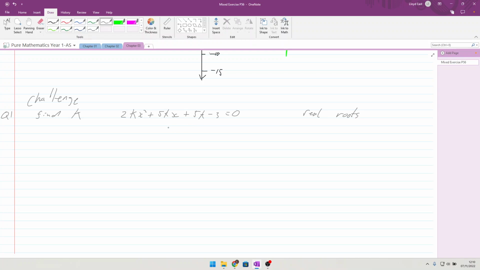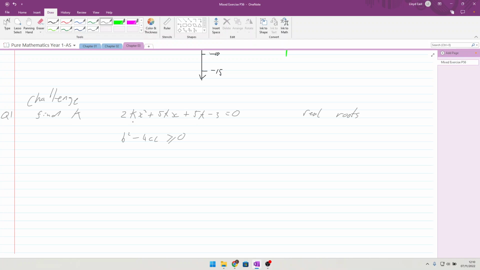So, looking at the discriminant of it, we are looking at b squared minus 4ac. Now, if it's greater than 0, it has 2 real solutions, and if it's equal to 0, it has 1 real solution, which is equally acceptable in this case.